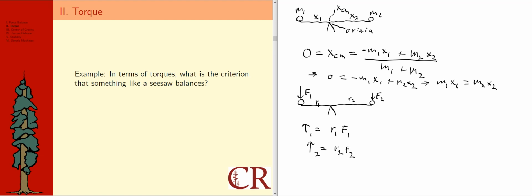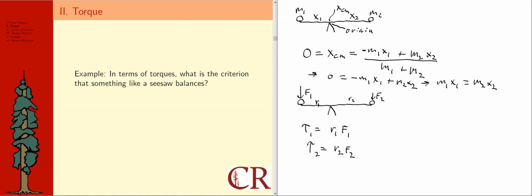Something I want to be careful about here is what direction these torques want to rotate this system. The force F2 is rotating the seesaw in a clockwise direction, whereas the force F1 is rotating it in a counterclockwise direction. In other words, they have opposite senses of rotation.